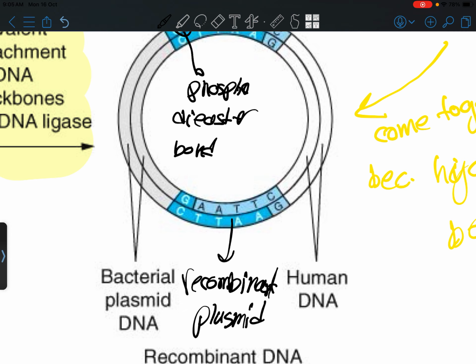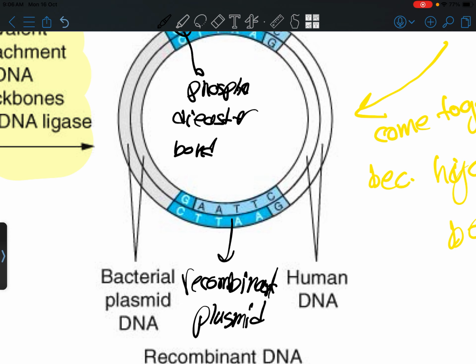This means... Well done. Here we have what? EcoRI. One restriction site for what? EcoRI. Here we have what?